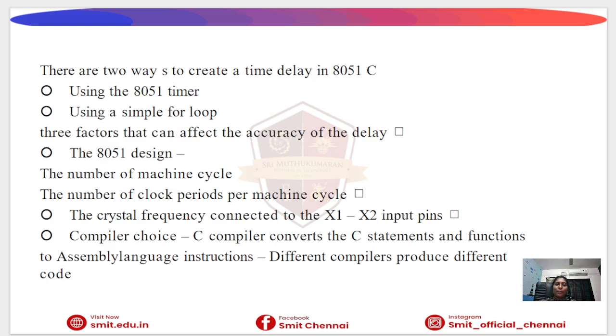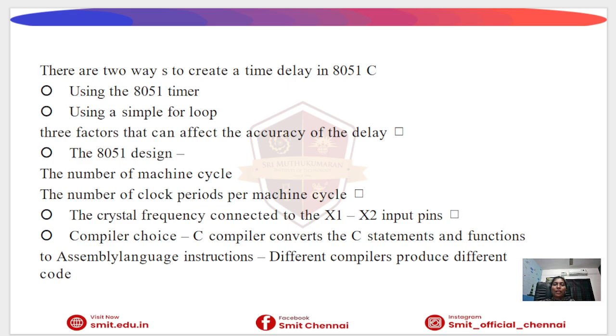Then what is a time delay? In an embedded system, we often need to wait for some amount of time before doing the next operation. For example, LED blinking, motor on and off, sensor stabilization, display refresh, all these need a time delay.